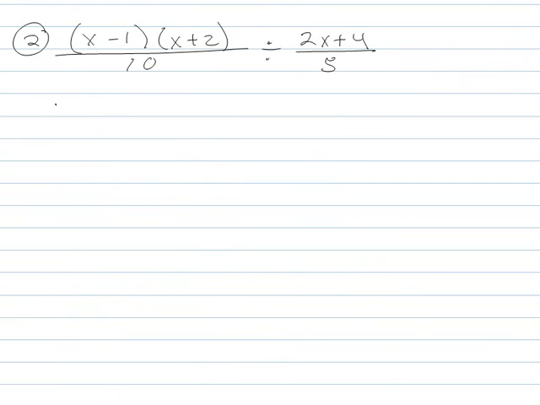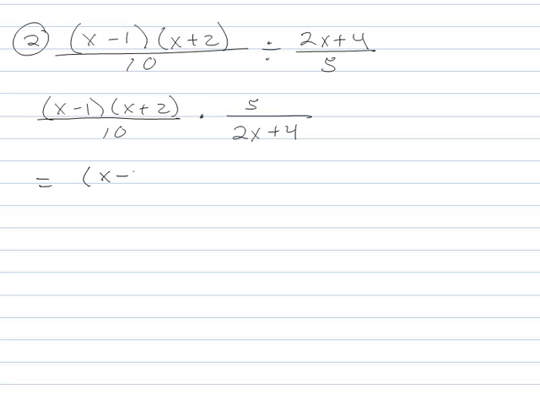Again, the very first step that I'm going to take is to rewrite the division as multiplication. I'm also going to do any factoring that I can find. So I have x minus 1 over x plus 2. Now I can already see that 5 goes into 10 2 times. 5 divided by 10 would be 1/2, so the 2's on the bottom.